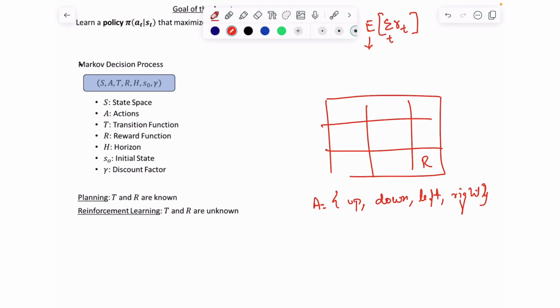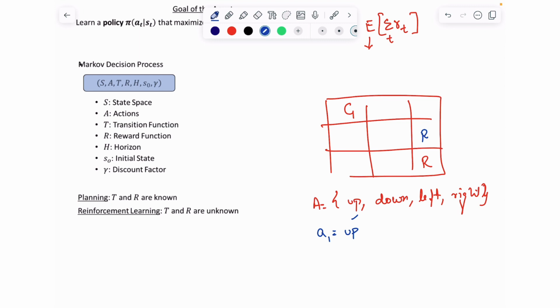The goal of the robot is to learn a policy such that it reaches a goal cell denoted by G here, by taking any of these four actions at a particular time step. Let's say the robot took the action up, that means A1 is equal to up.